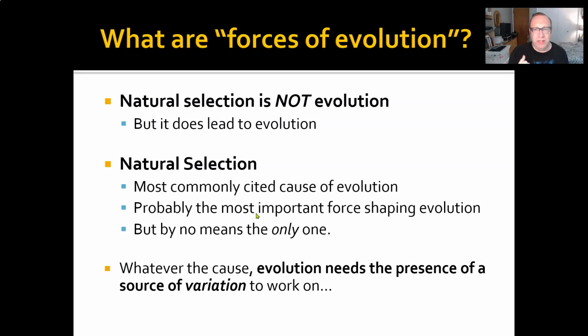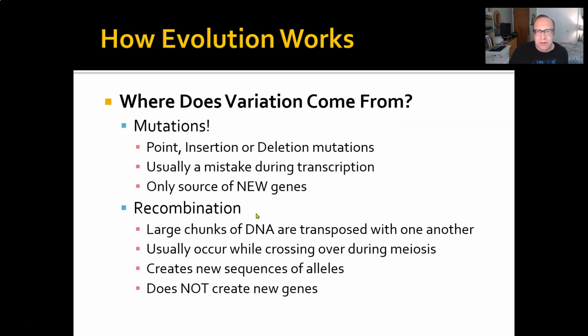Whichever cause we're talking about, though, one thing remains true. We need variation in the population in order for it to work. Okay? Now, where does that variation come from? Well, we've already learned that mutations are the only way brand new information comes in, and it's the only source of new genes.